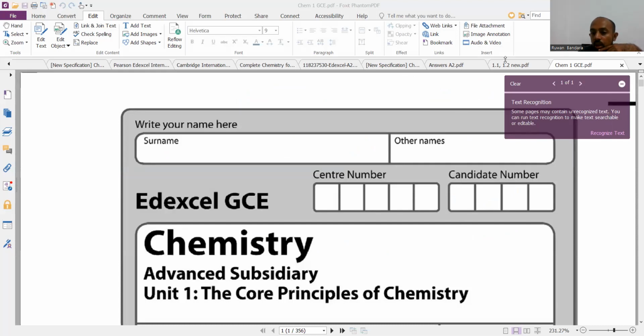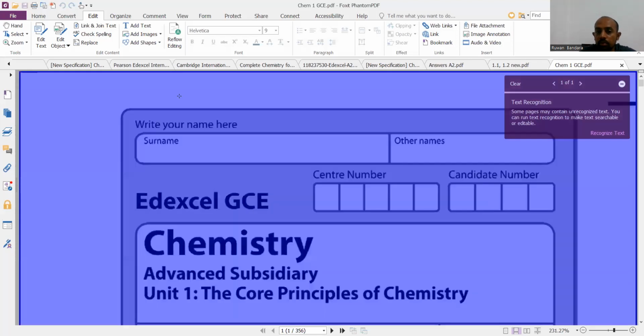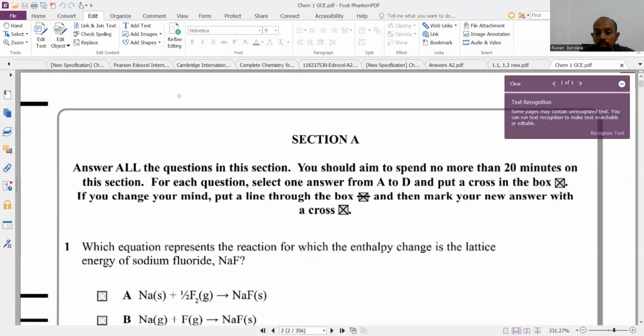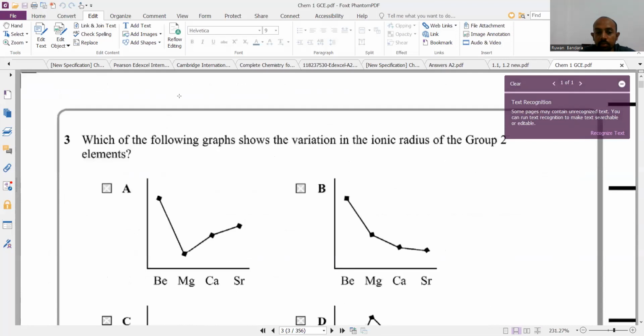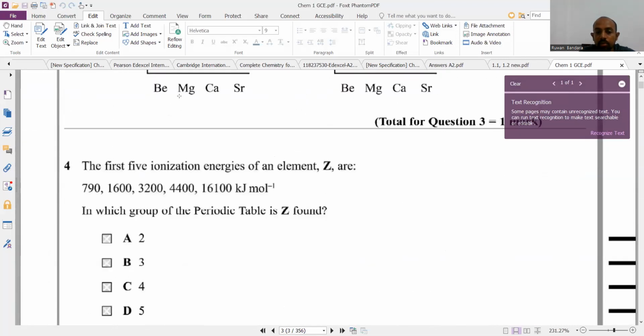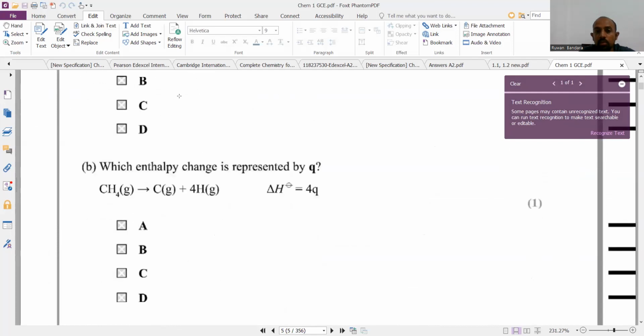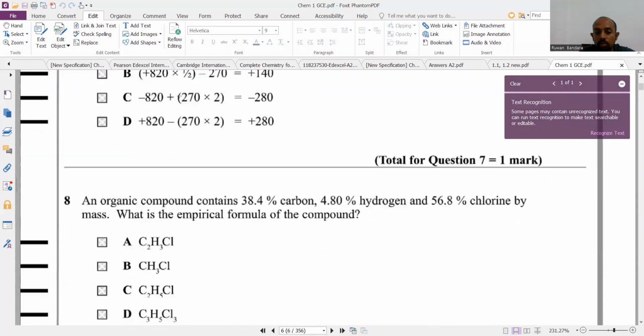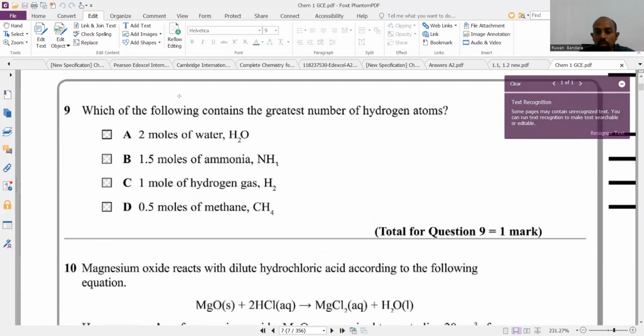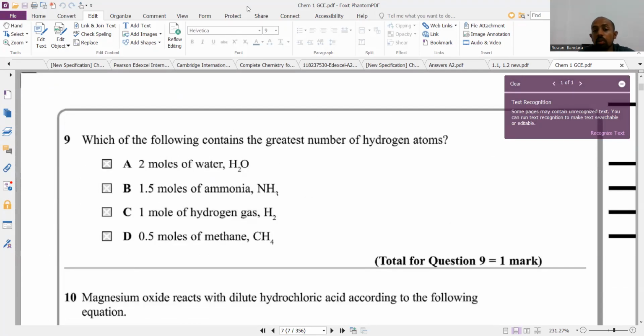Sir, what is the answer for the number of ions? Same answer because we had 3 ions there. If it is a simple molecular structure, there are no ions.